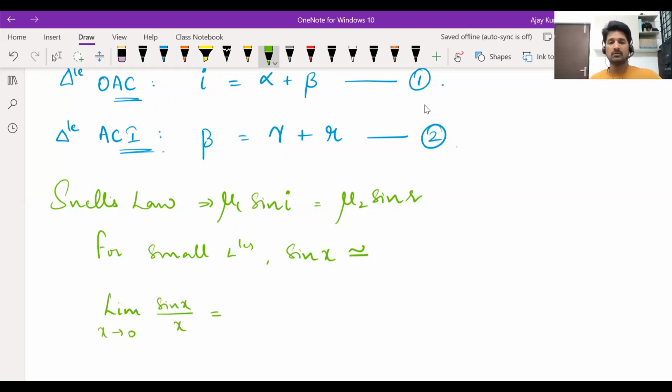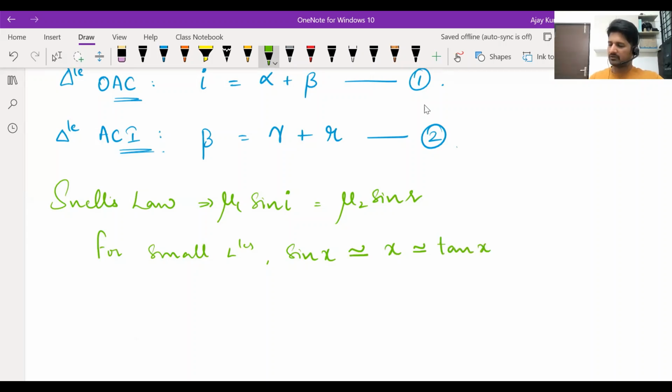What is this equal to? Okay, revise it, 11th class. The limit tends to 1. Sin x by x tends to 1 means sin x tends to become equal to x. Okay. So for small angles, sin x is approximately equal to x and it is also approximately equal to tan x.